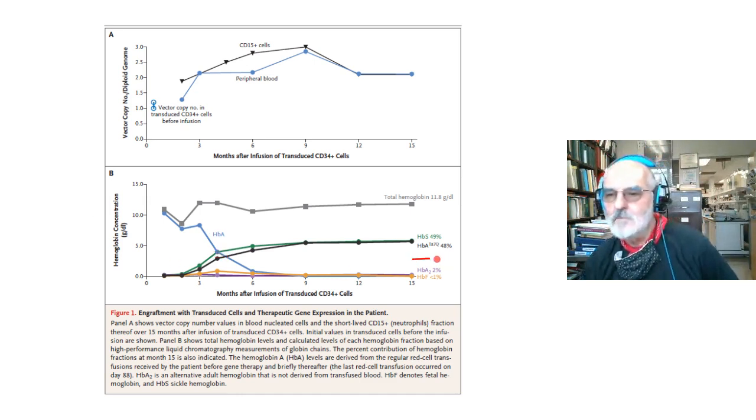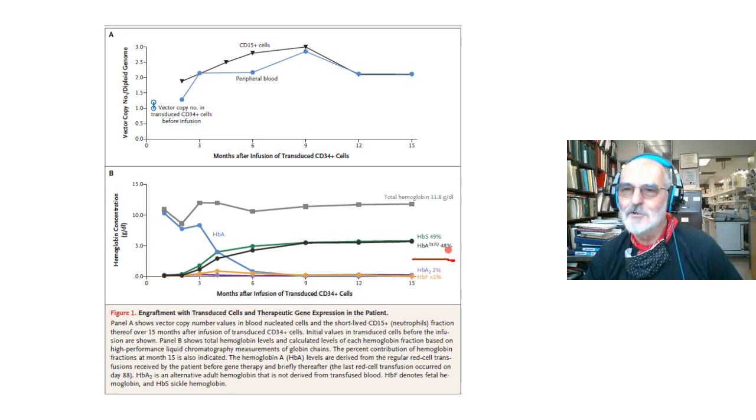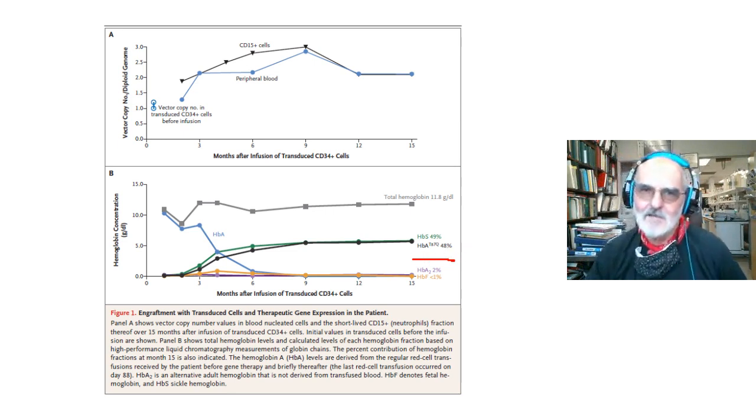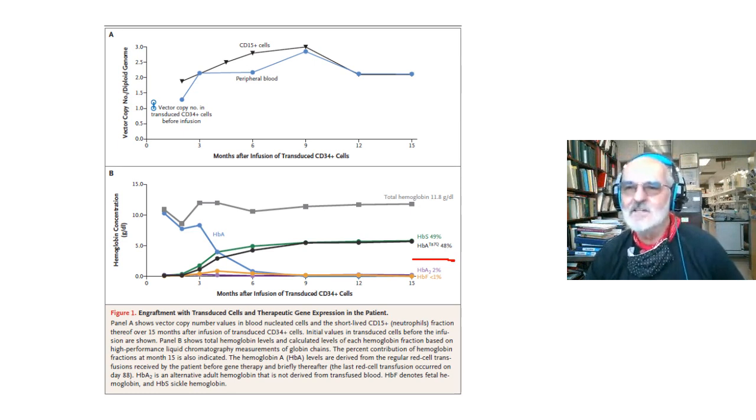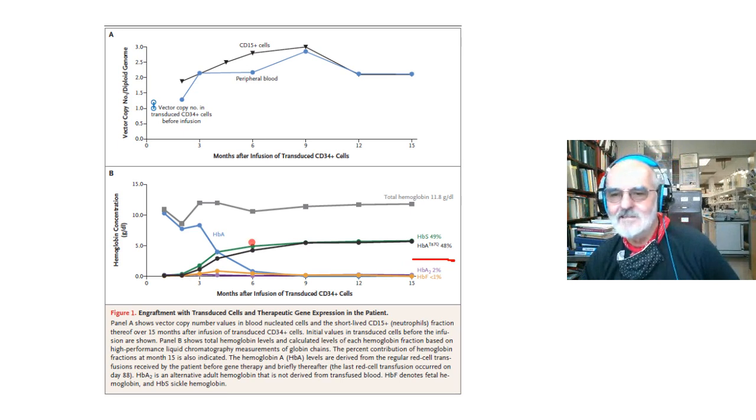And they managed to put a modification in, an unusual modified hemoglobin A, because it has anti-sickling properties. Not only does it not participate, it has an inhibiting characteristic. And they managed to get this gene copied into the bone marrow of this patient and expressing normal levels of hemoglobin A with anti-sickling properties, reducing the amount of hemoglobin S that was being expressed.